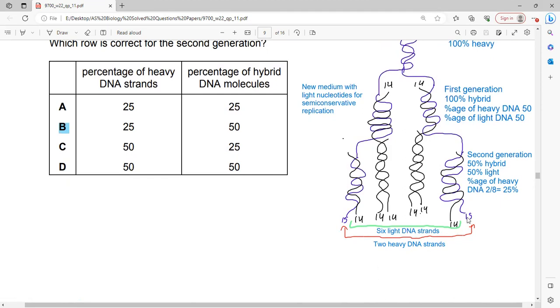If you want to find the percentage of the heavy, 2 strands are heavy and 6 are light. The total is 8. So 2 out of 8, multiplied by 100, gives us 25%.